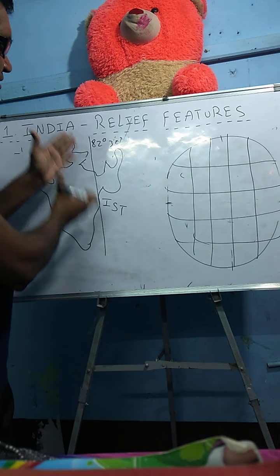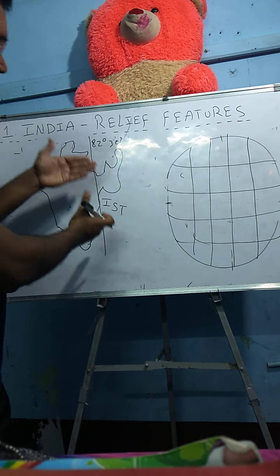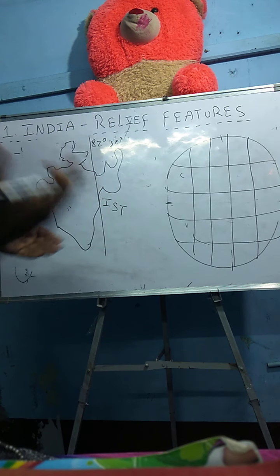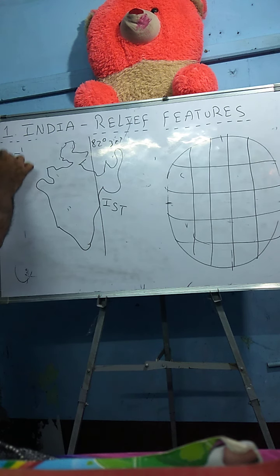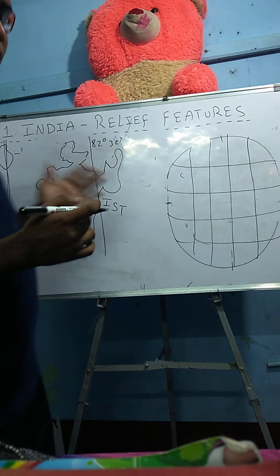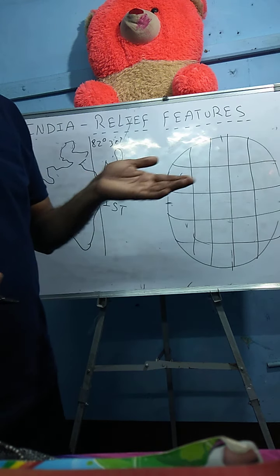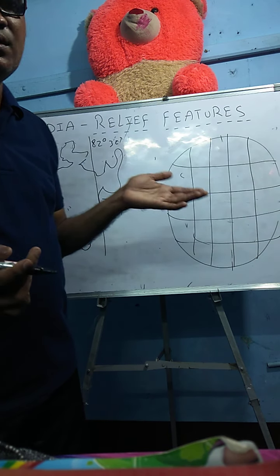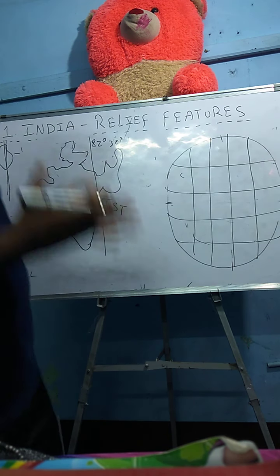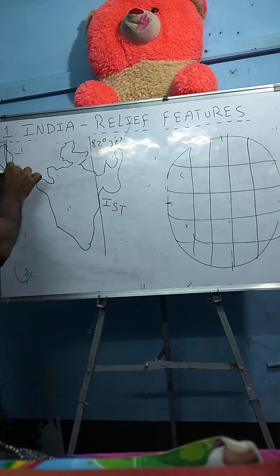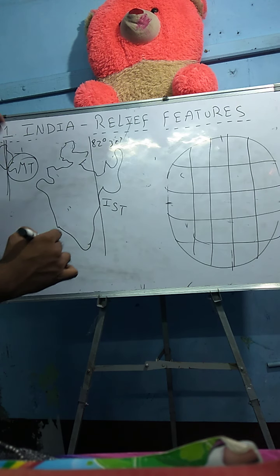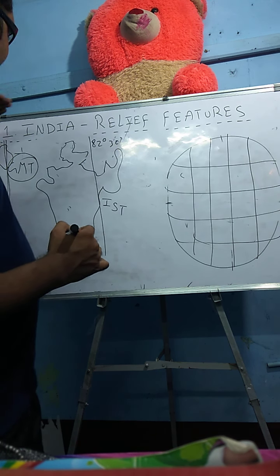The base of this standard time is the Britishers' GMT, Greenwich Mean Time, the Greenwich time of England, where one line is there. Before 1947, the Britishers were controlling the whole world, so we take GMT as the base, the vertical longitude line.